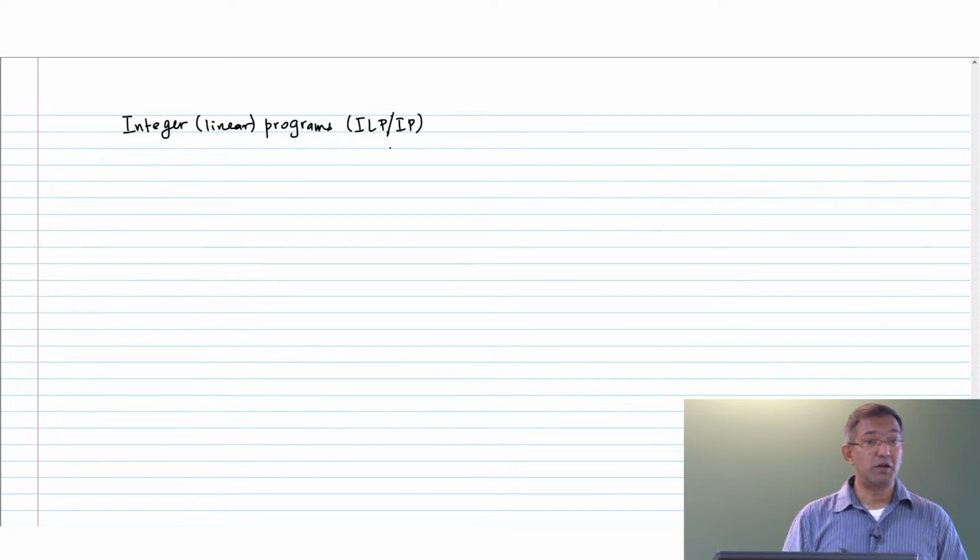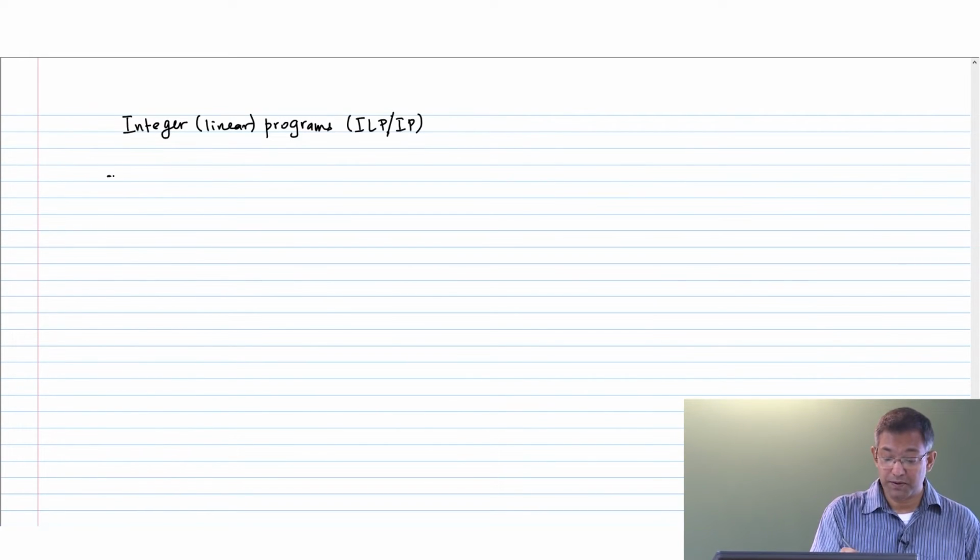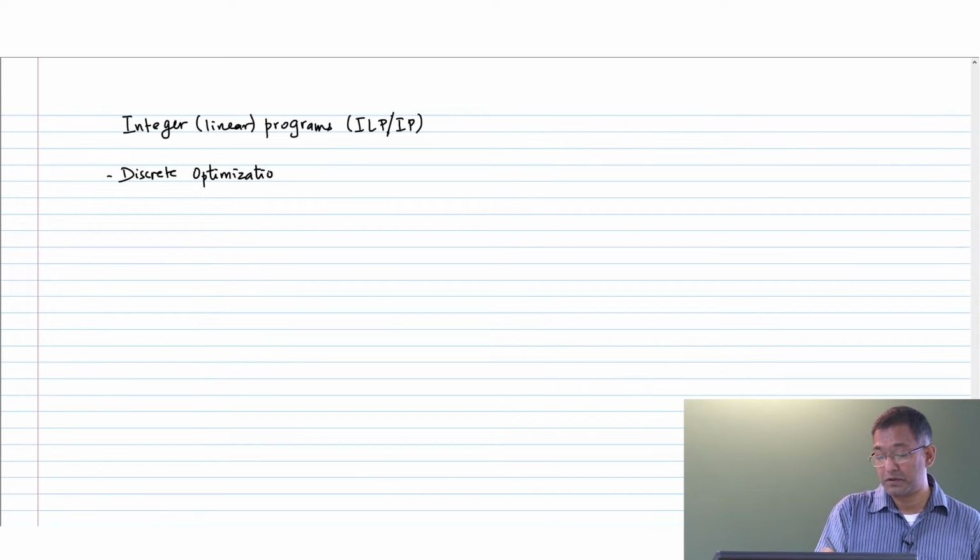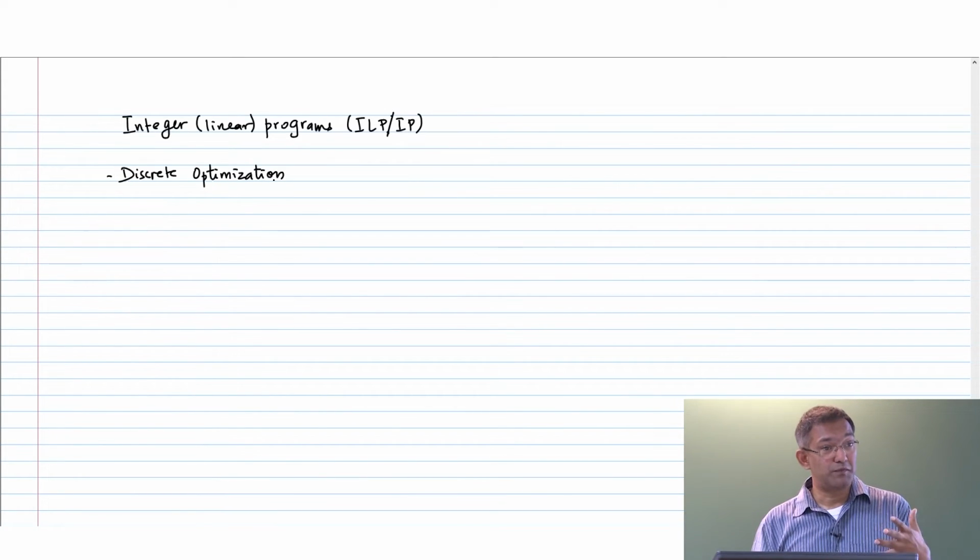So, what we are interested in solving are discrete optimization problems. Given a set of jobs and a set of machines, what is the assignment of the jobs to machines that minimizes the total time?